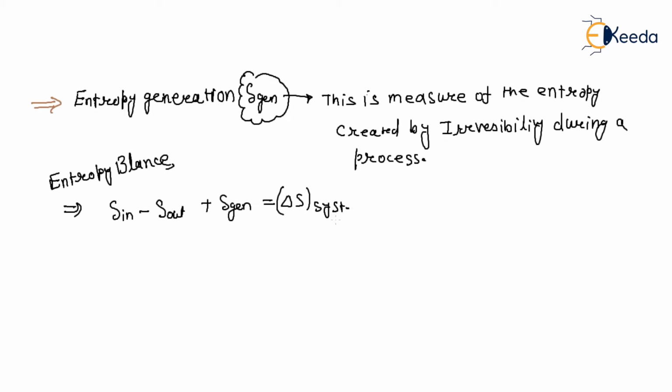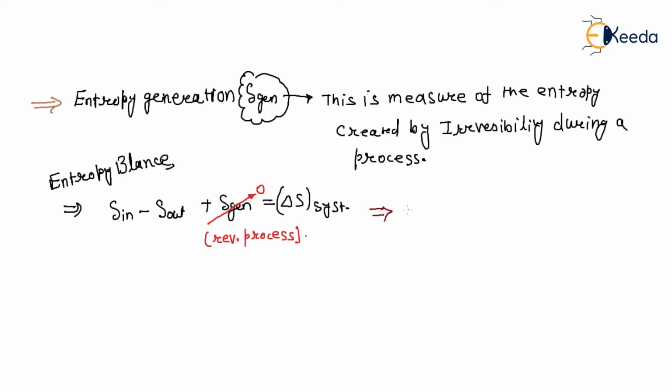If the process is free from all irreversibility effects, if you think like that, there is no practical situation, but in the ideal case, if you think that there is no irreversibility within the system, that means it is free from friction and all those things, so the measurable parameter is 0, there is no entropy generation. So this is for an ideal process, that means a reversible process, right?